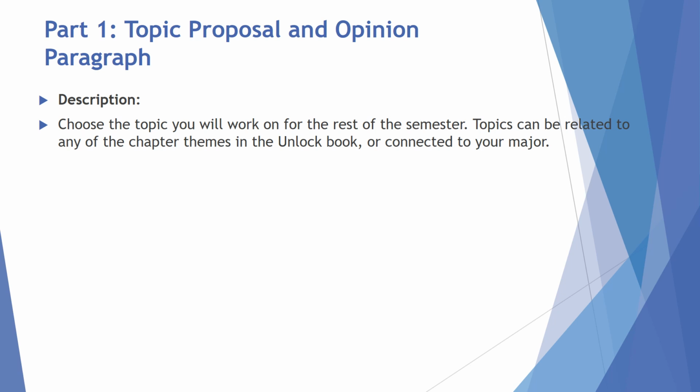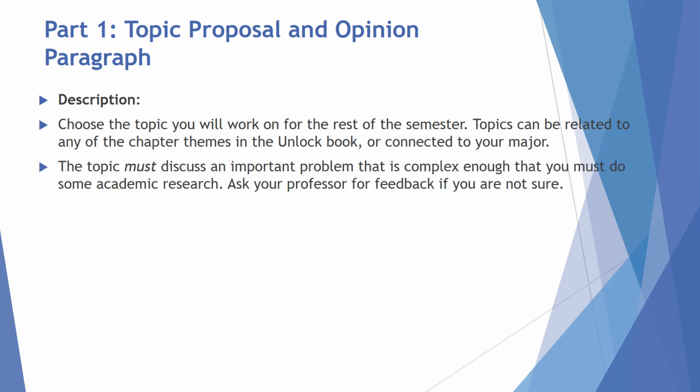Or you could choose a different theme if you want to. The topic must discuss an important problem that is complex enough that you must do some academic research. Ask your professor, me, for feedback if you are not sure.